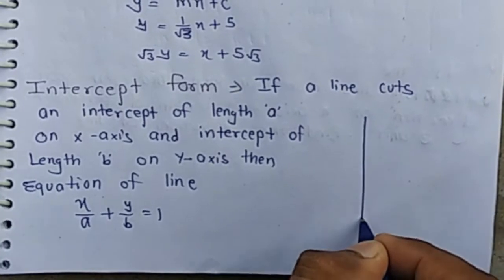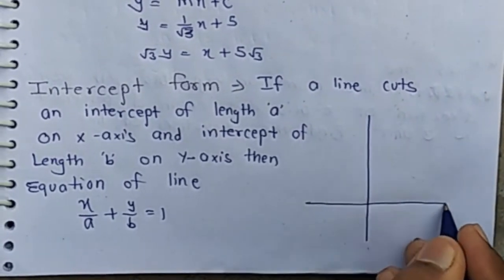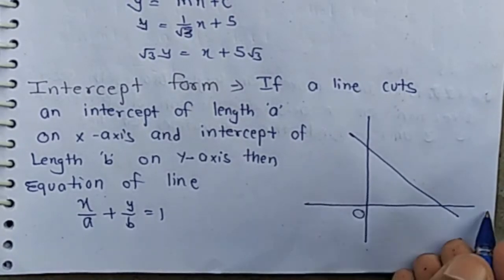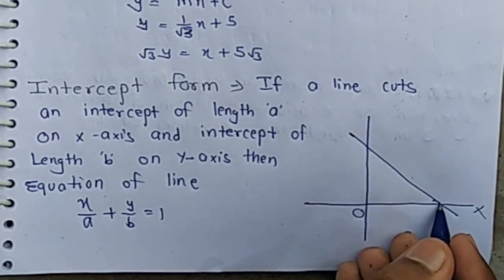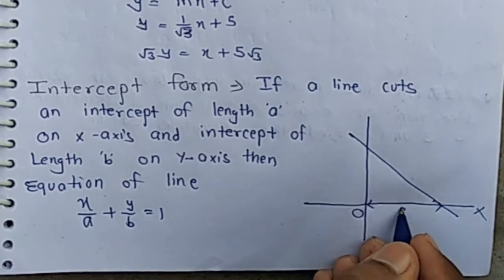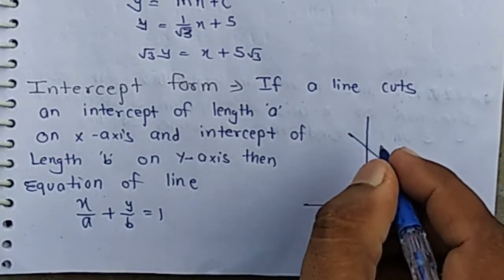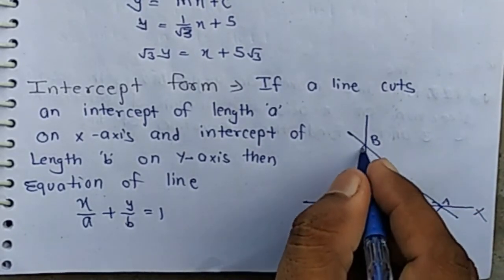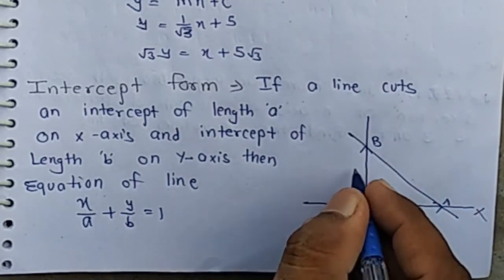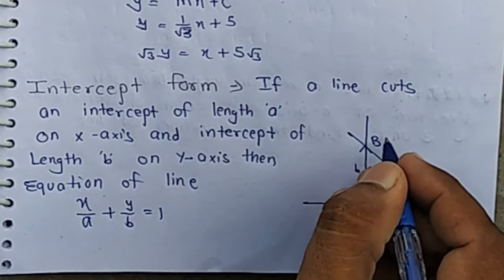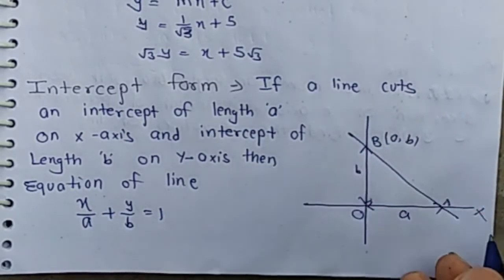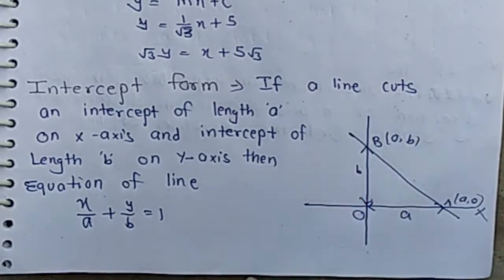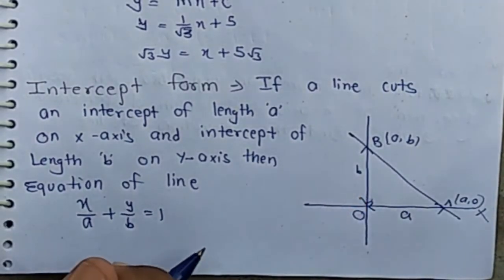Means if a line cuts an intercept of length A on the x-axis and an intercept of length B from the y-axis, in this case the points are 0 comma B and A comma 0, then the equation of this line is x by A plus y by B equal 1.